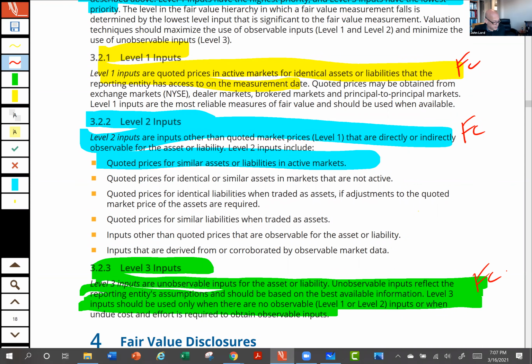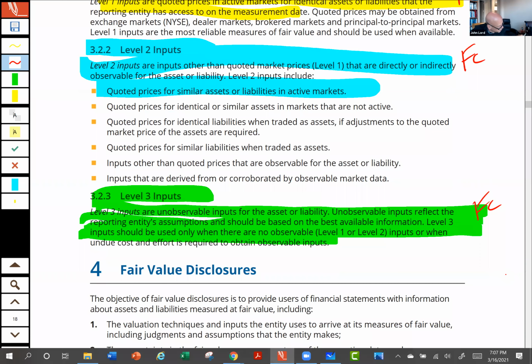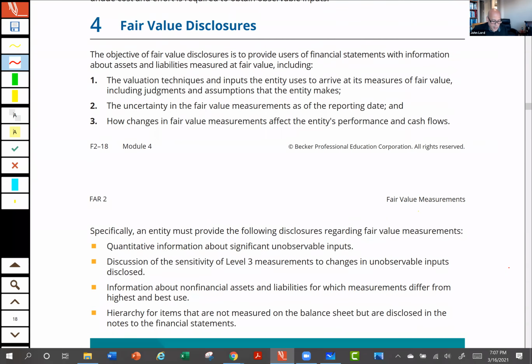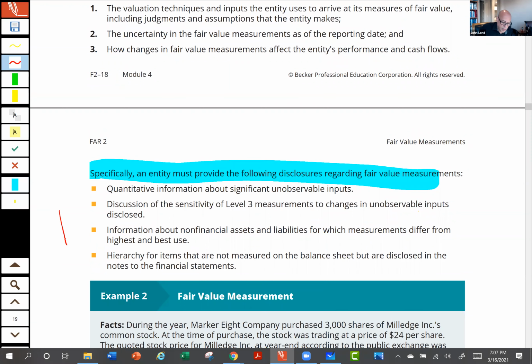So just a listing of things that you would consider. And let's just go ahead and take a look at some fair value disclosures. Okay. And let's just look at some of these things down here, right, that should be disclosed about fair value. And let's flashcard these.